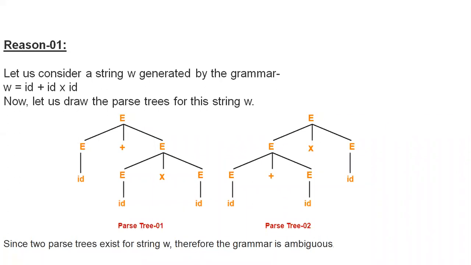Get the difference between how to represent a parse tree, or derivation tree, and how to represent a syntax tree. This is a parse tree representation, starting with the root node of the variable, that means the starting symbol of the given grammar, and ending with leaves. The leaves should be the input sentence or input string.